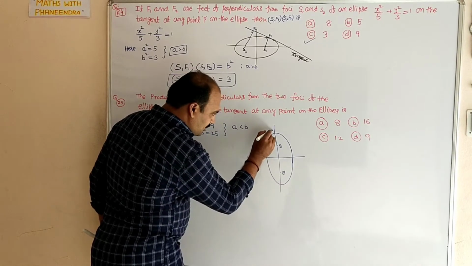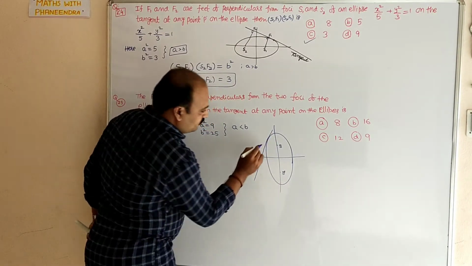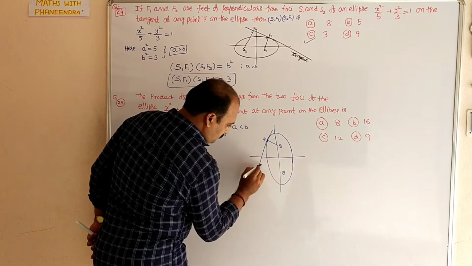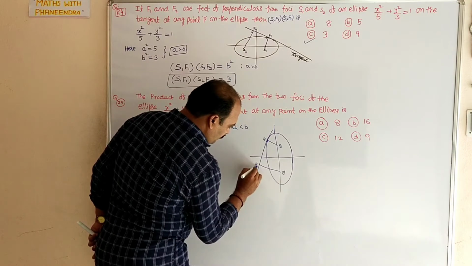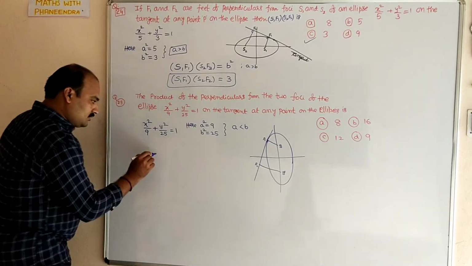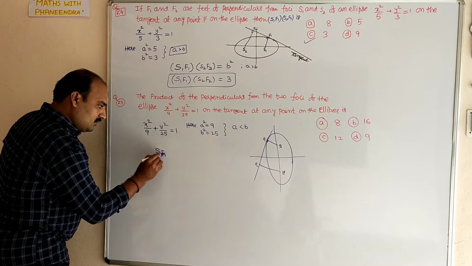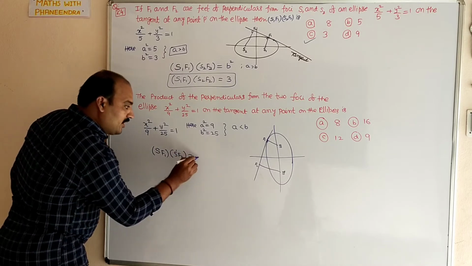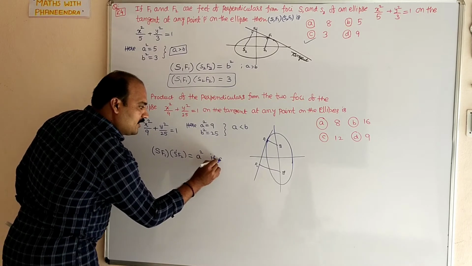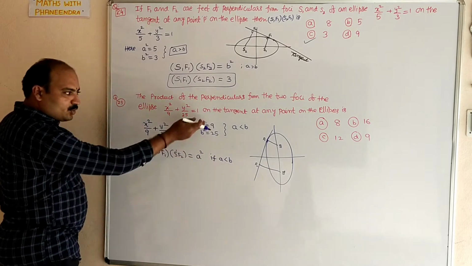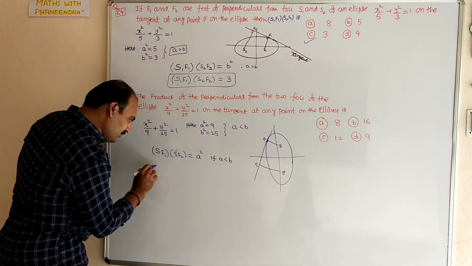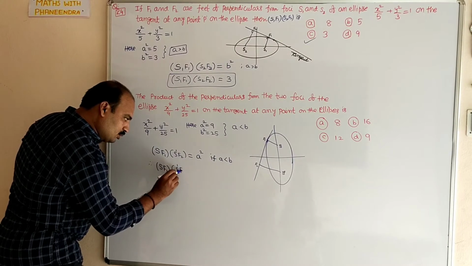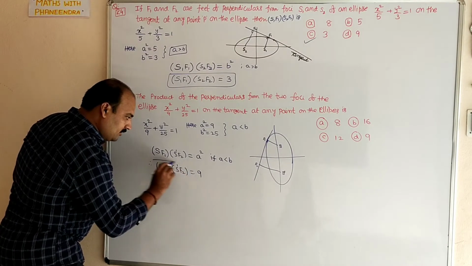This is the tangent equation. This is one foot of perpendicular, F1, and this is F2. The product of perpendiculars SF1 into S dash F2 is equal to a square if a is less than b. What is a square according to this? The value is 9. Therefore, SF1 into S dash F2 is equal to 9.